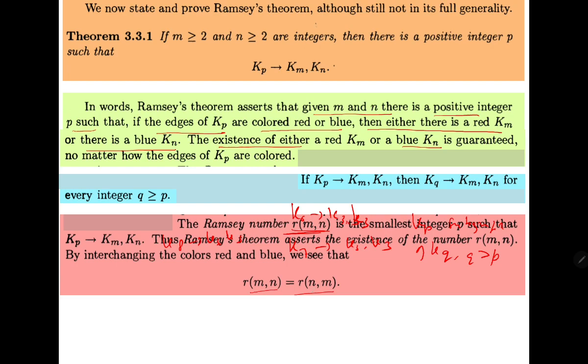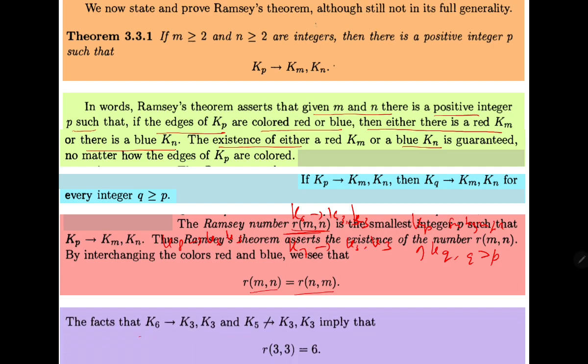So for example, if we talk about K6, we have already proved that K6 goes to (K3, K3), and K6 is the smallest because K5 does not go to (K3, K3), and that's why the Ramsey number R(3,3) is equal to 6.